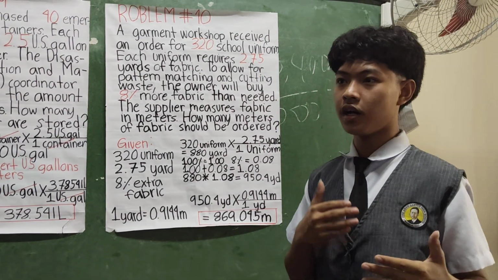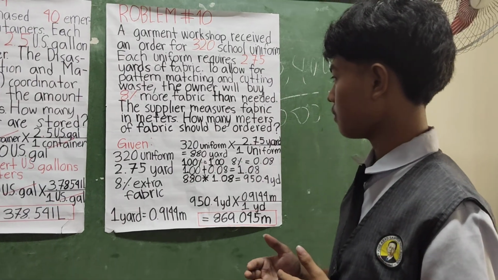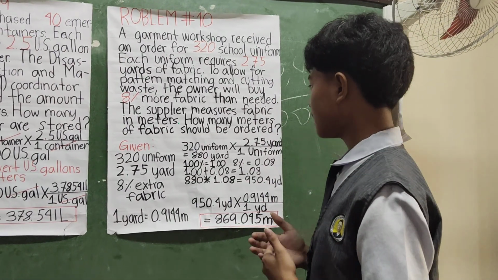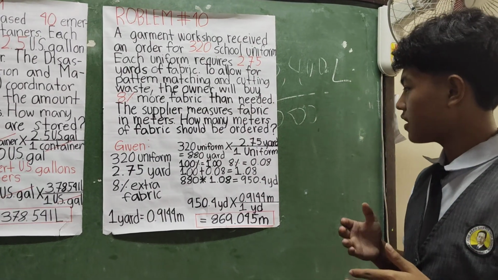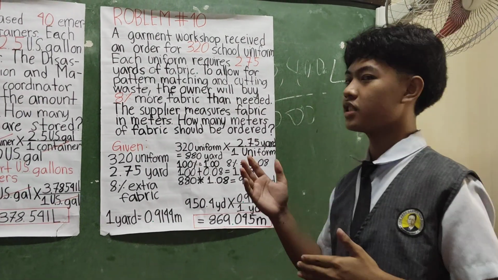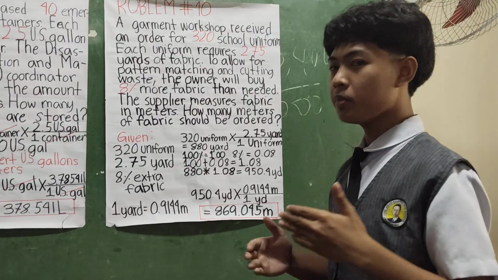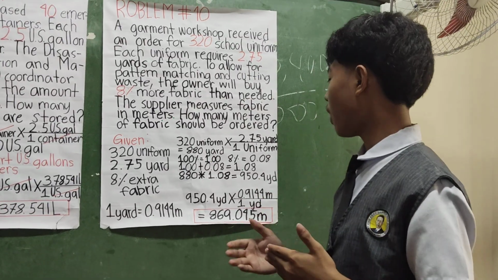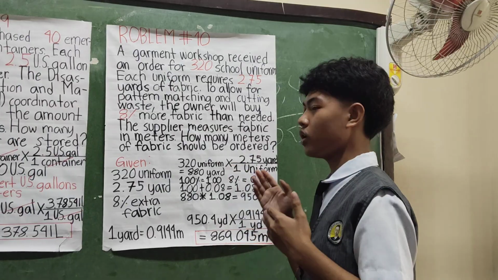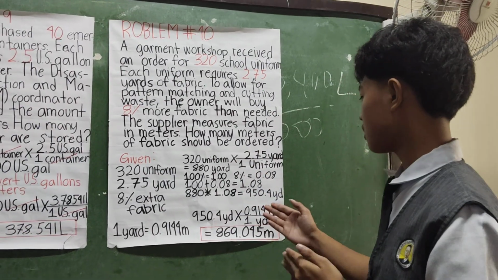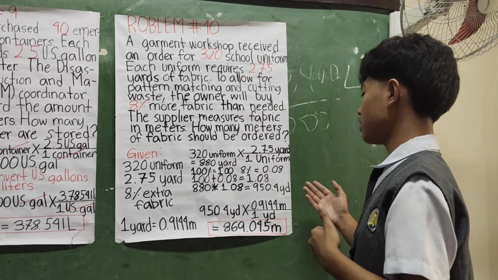So step number 3 is we add the additional 8% fabric. Instead of adding 8% separately, we multiply by 1.08 because 100% is equal to 1 and 8% is equal to 0.08.